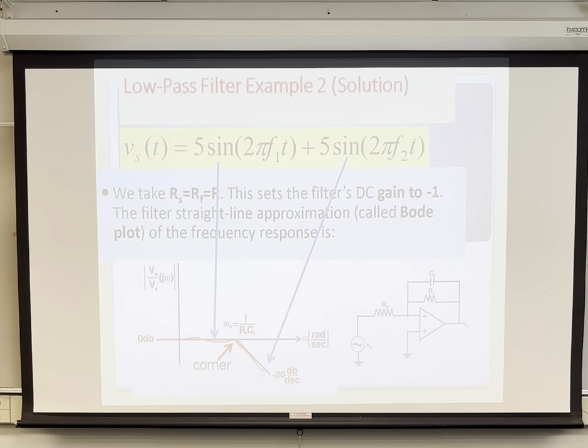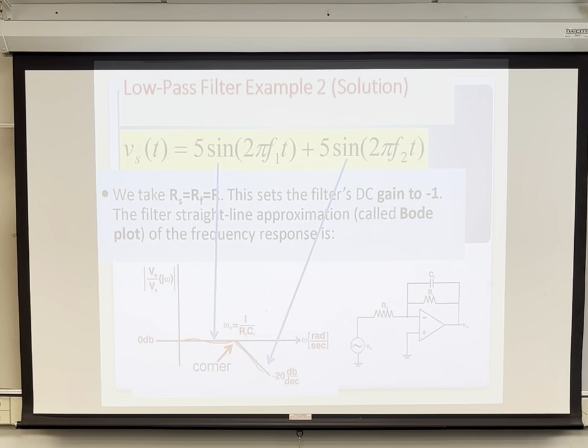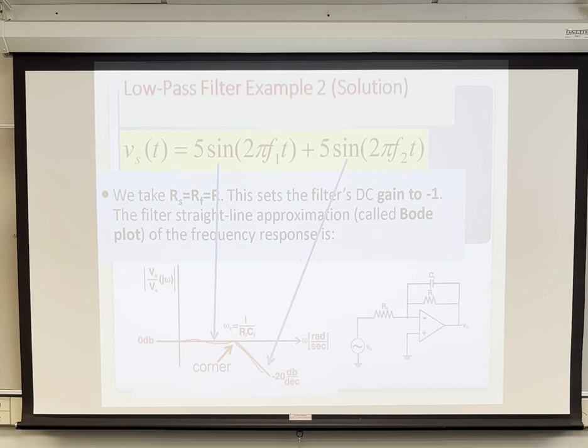So to design this filter, the first frequency, 100 hertz, we want to put in the pass band, so it passes through with a gain of 1. However, the 30 kilohertz, which is F2, we want to put somewhere where the output of the filter is dropping, out here maybe somewhere.